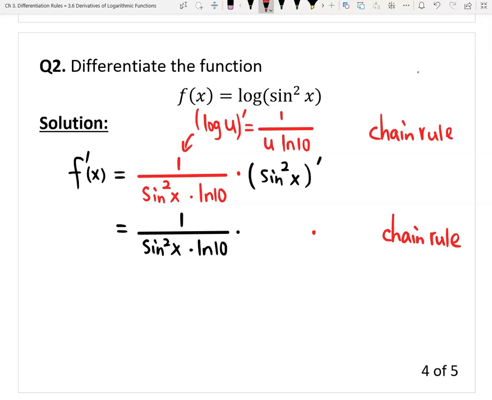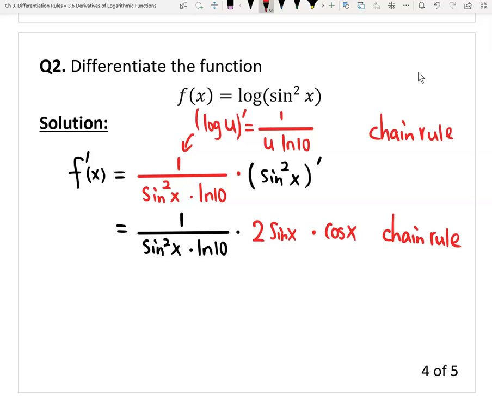The outer function is u raised to the second power; take the derivative, which is 2u. Let me write here 2. What is u? Sine x. This is the derivative of the outer, times the derivative of the inner. Sine x takes a derivative, which is cosine x. And now you can see this is everything we get.